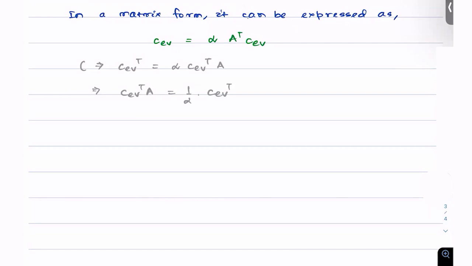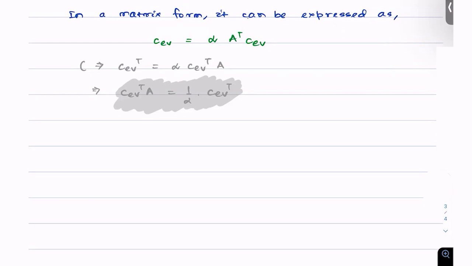Let us observe this expression. If you look at it closely, you'll realize this is nothing but the expression of an eigenvector and eigenvalue, basically an eigenpair of a given matrix A, where 1 by alpha is the eigenvalue associated with the left eigenvector CEV transpose.